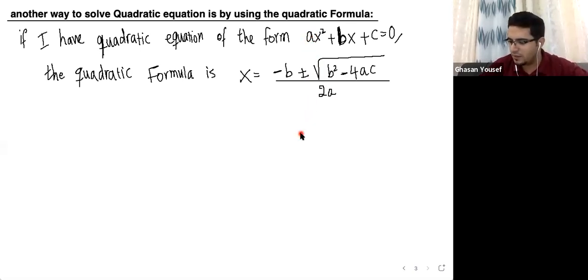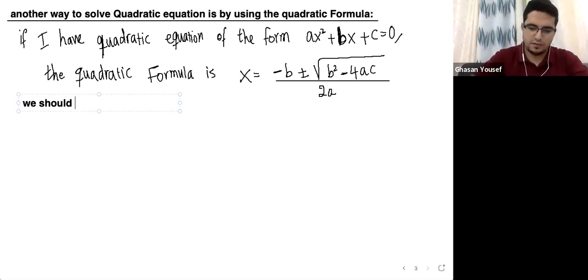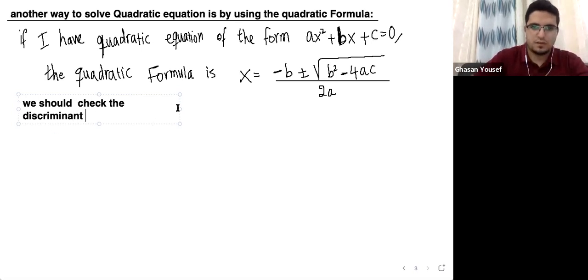But before we go over the example, we have to talk about the discriminant. The discriminant is connected with the quadratic formula, so I have to explain a little bit about it. We should check the discriminant.